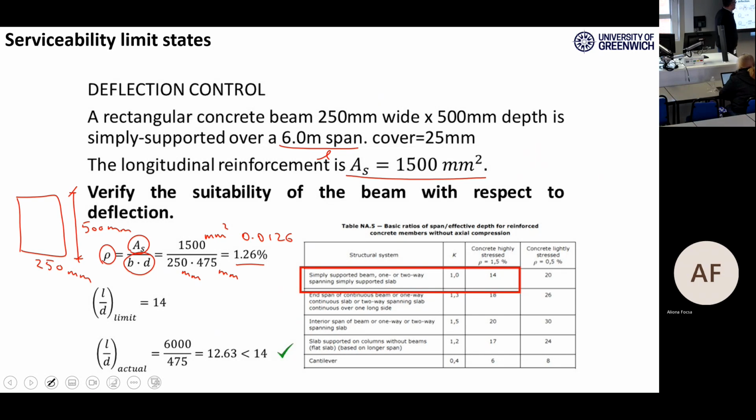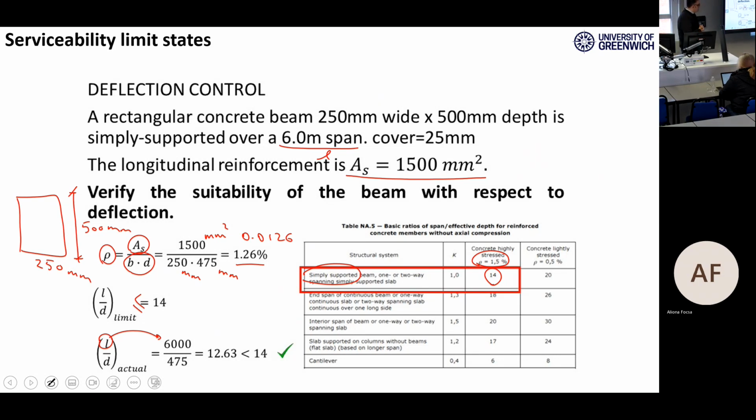Okay, so if we are simply supported and highly reinforced, we get 14 as the limit for L over D. The L over D limit is 14, right? It should be less than or equal to 14. So we have L, which is 6,000 millimeter, the length of the span, right?